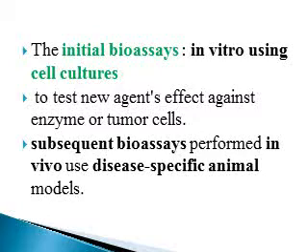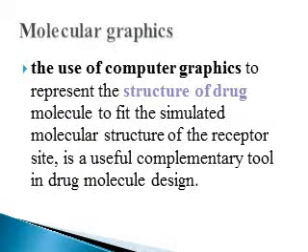Anything bio means biological, so I start with cell culture to test a new agent's effect against an enzyme or tumor cell. Subsequent bioassay is performed in vivo in disease-specific animals.